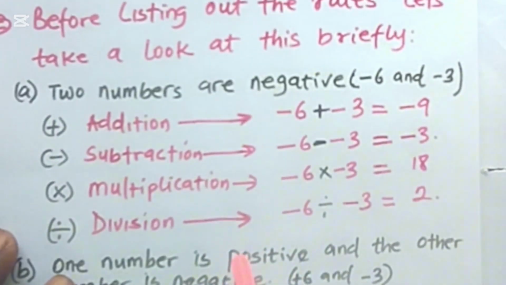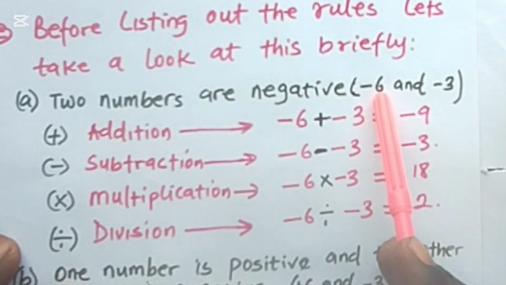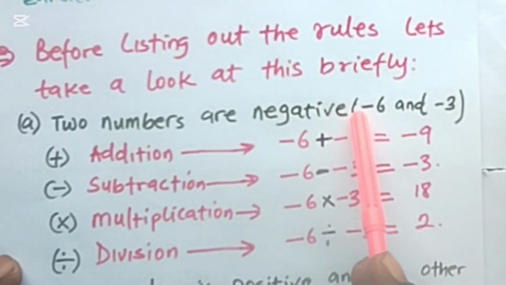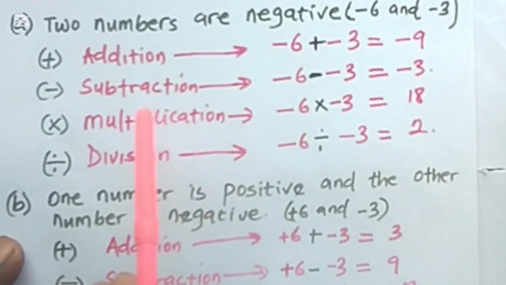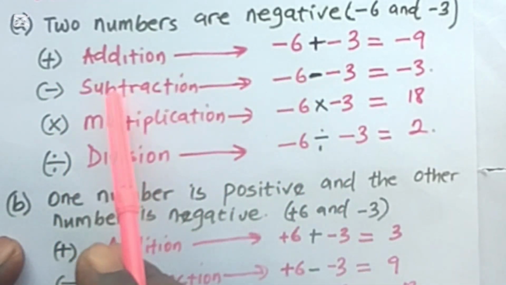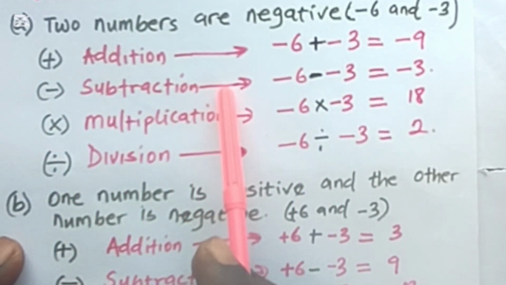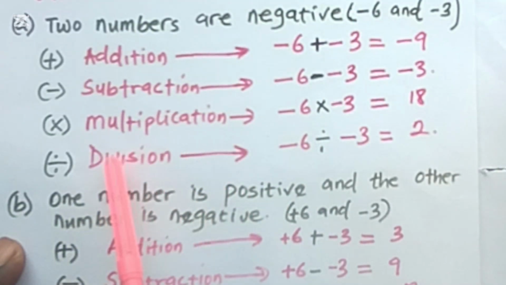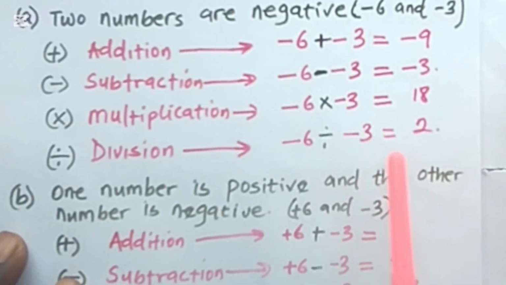When I brought out the two numbers are negative, I showed what happens in the case of addition where two numbers are negative. I also wrote out what happens in the case of subtraction of two negative numbers. I did the same with multiplication and I did the same with division.